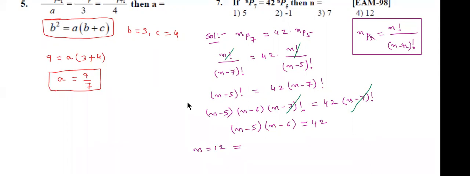Substitute in the left hand side: 12 minus 5, 7, into 12 minus 6, 6. 7 into 6 is how much? 42. Now the correct answer is n is equal to 12. Which option is correct? Fourth option is correct.